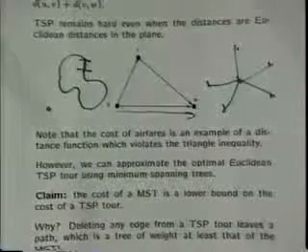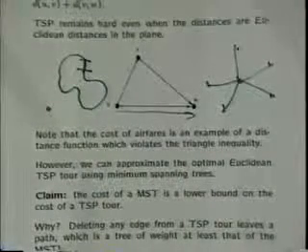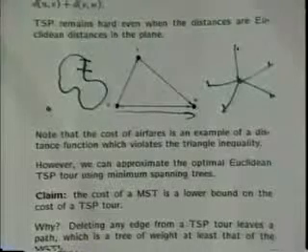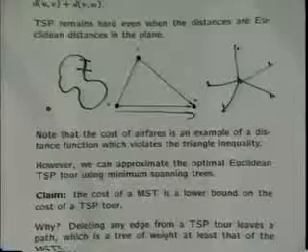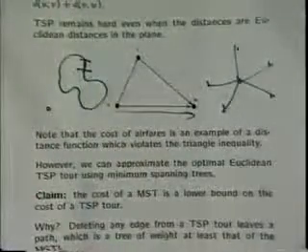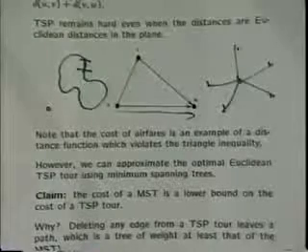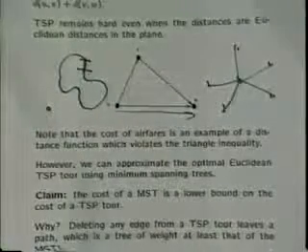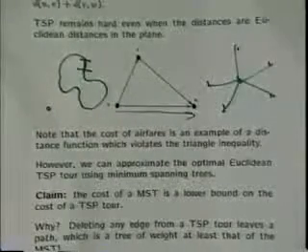So what do I know about the minimum spanning tree and this path? The minimum spanning tree, remember, was the spanning tree of minimum weight out of all possible spanning trees of that graph. If I have a cycle in my graph that visits all the vertices, and I delete one of those edges, I'm left with a path that visits all the vertices, which is a spanning tree of the graph.